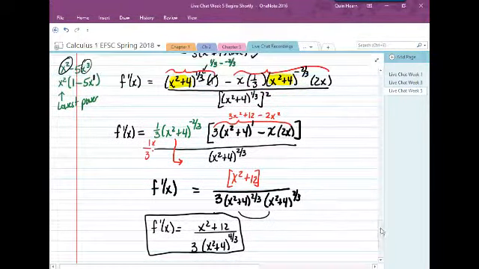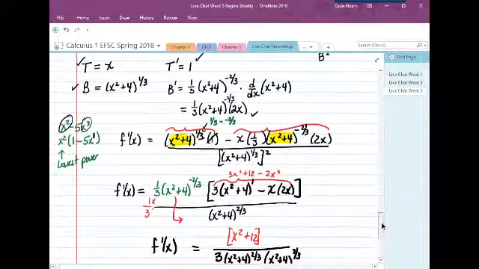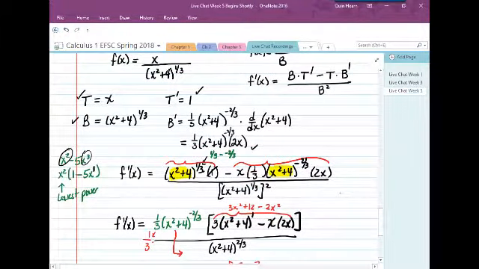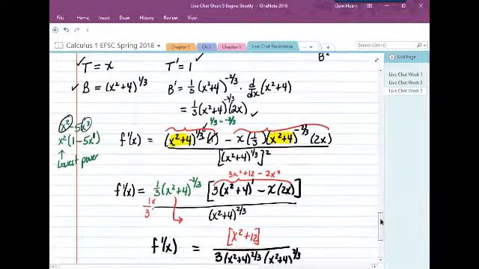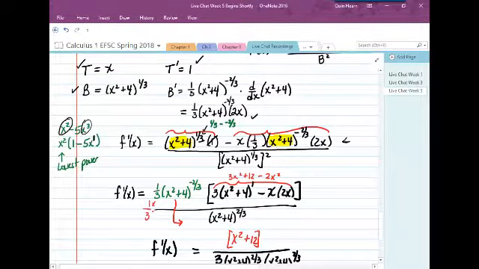So oftentimes when you use a quotient rule, and in the process you have the chain rule for a power function, it's very helpful to, at this step, factor out. Don't try to distribute or do anything like that. You're going to factor out whatever's in common.